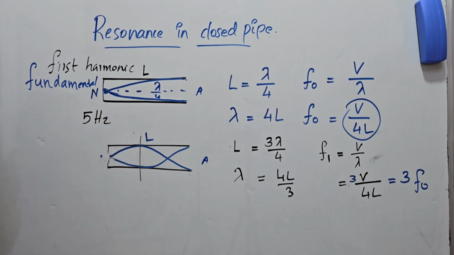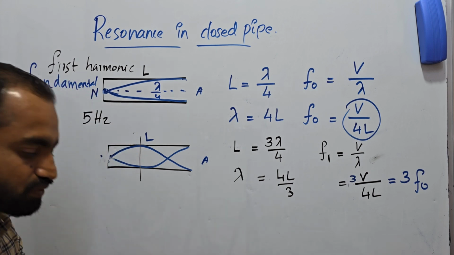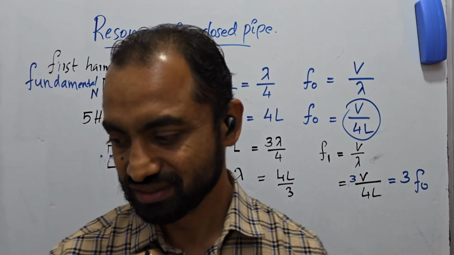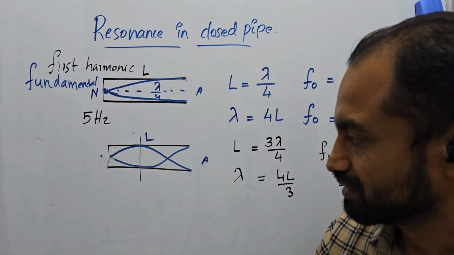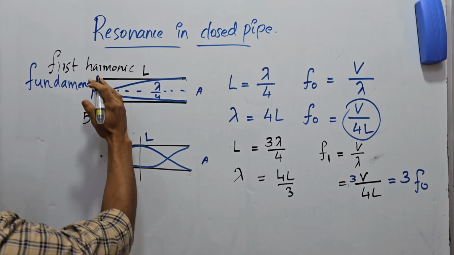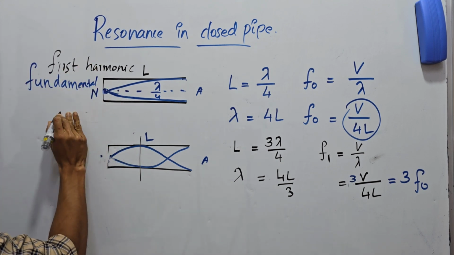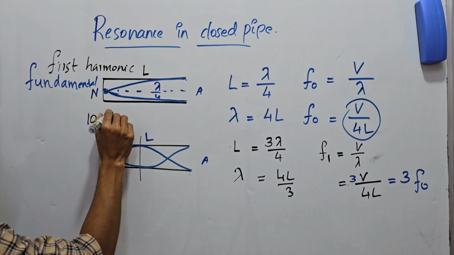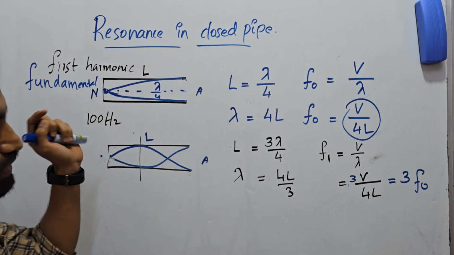So that is the fundamental frequency, right? So what will be the next sound produced? Will it produce a sound of 6 hertz? We cannot hear 5 hertz. I will write 50 hertz. Okay, I will write 100 hertz. The first sound produced.